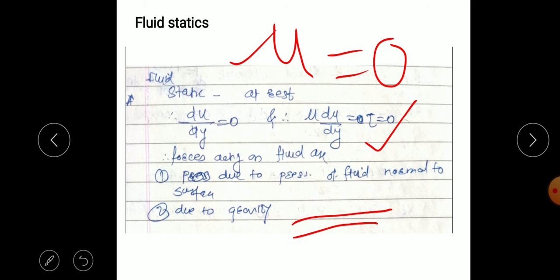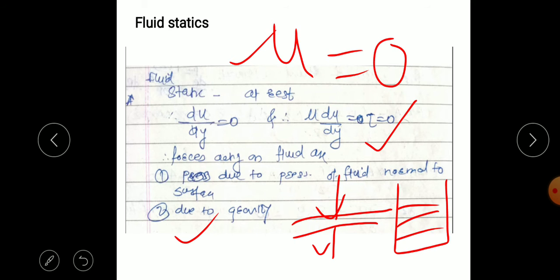So the only forces acting on the fluid are, first, a normal force, that is the pressure acting on the surface, and second, the force due to gravity. So two forces are acting when fluid is at rest. Suppose we have considered fluid in this container, which is at rest.